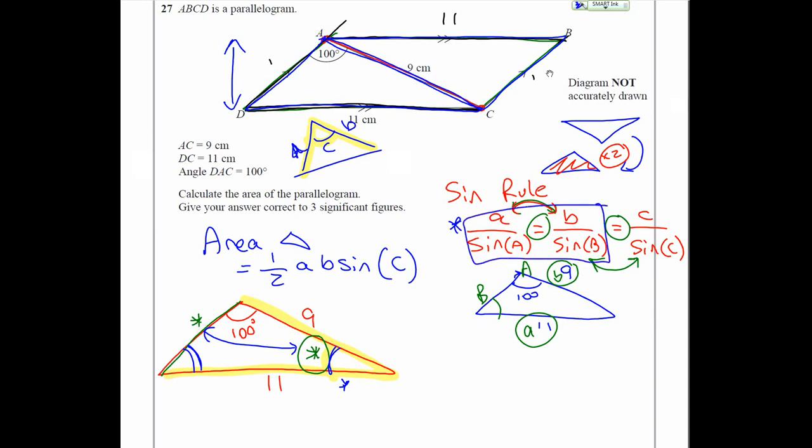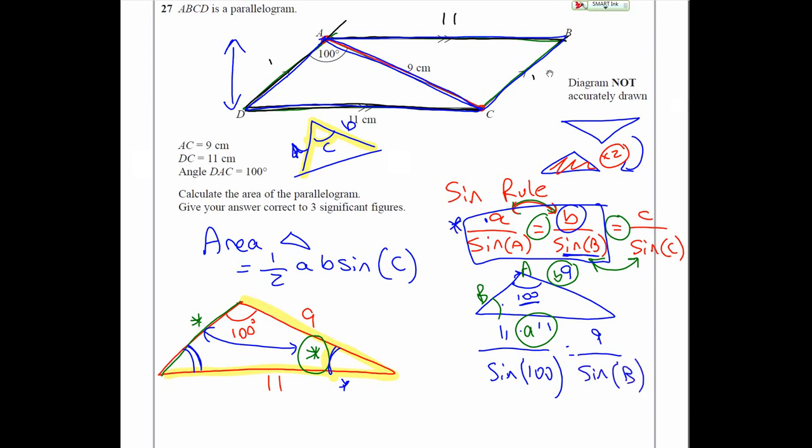So sine of the angle 100 and A over it, so 11 over it, equals B, which is 9, over sine of B. Now, can you see that our unknown in this equation is just B?